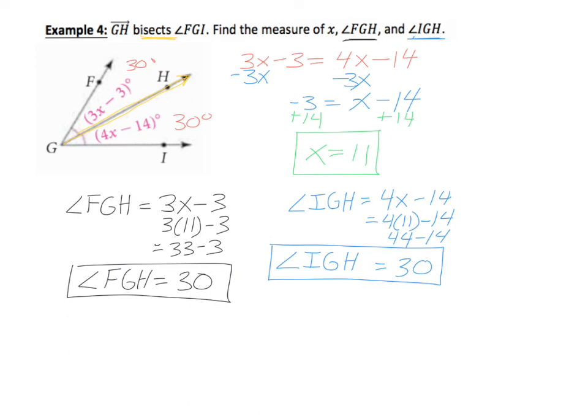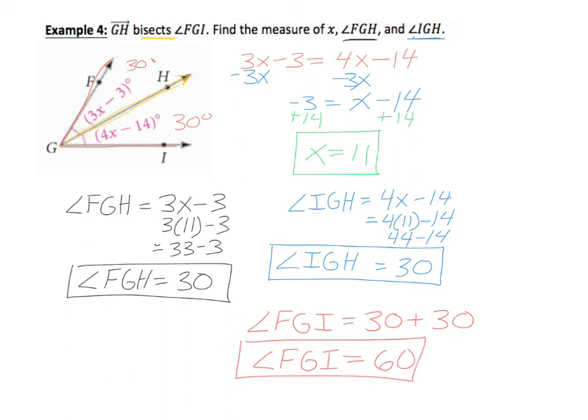You can see in the diagram that angle FGI is the larger angle. Well, you don't actually have to plug in any numbers anymore to get that, because angle FGI is just 30 degrees plus 30 degrees. So we could add that together and find that the larger angle, FGI, is equal to 60.